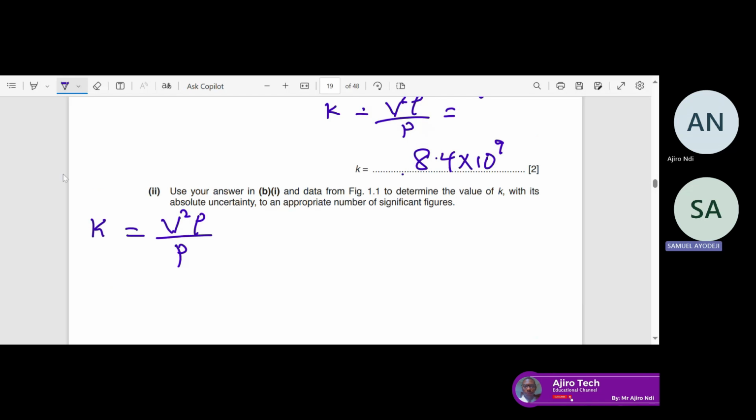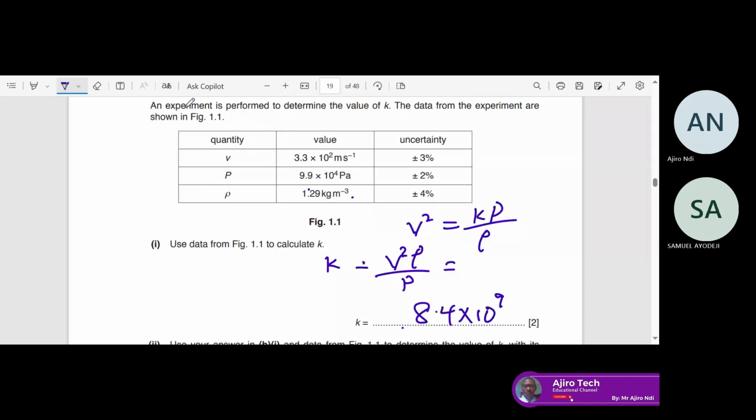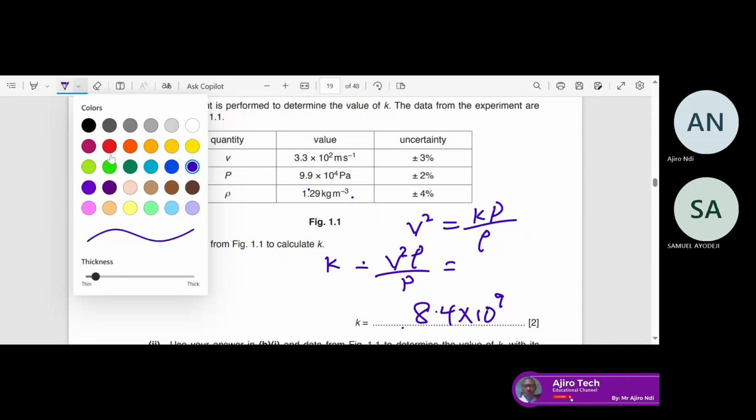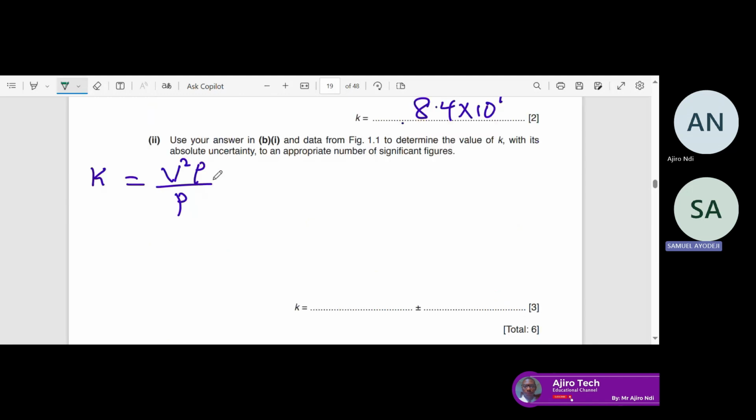If it's 12 percent, I might not believe it. But let me quickly look at it. You can see now they are in percentage. So you have to express this as a percentage uncertainty, in K over K. It has to be in percentage because those things are in percentage.